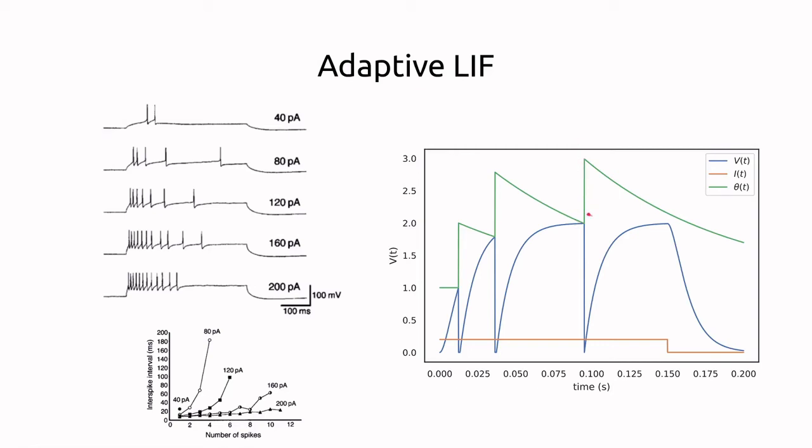Another spike, and then this starts to decay, and then at this point the current is turned off before the membrane potential and the threshold intersect, so there aren't any more spikes. But what you can see is that the time between spikes is increasing with this particular threshold pattern. And so we've now captured this adaptivity using the leaky integrate and fire neuron.